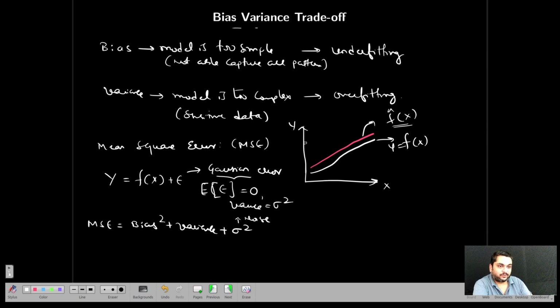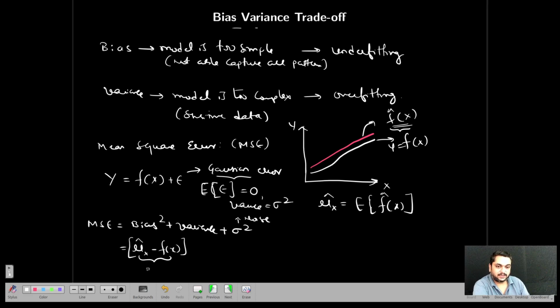First you have to find the expected value of this estimated or predicted function. Let us write mu of x estimated equal to expectation of this function. That will give me the predicted value average. So the bias square is nothing but mu x minus the original true value, squared.